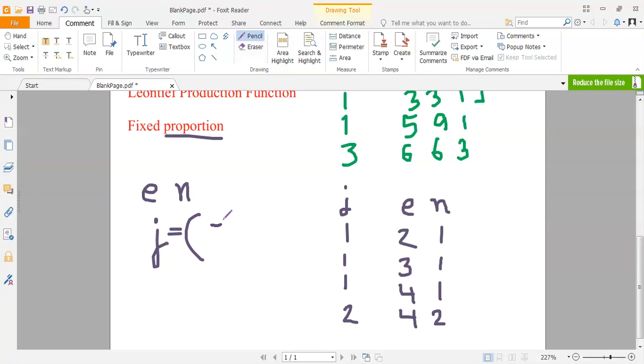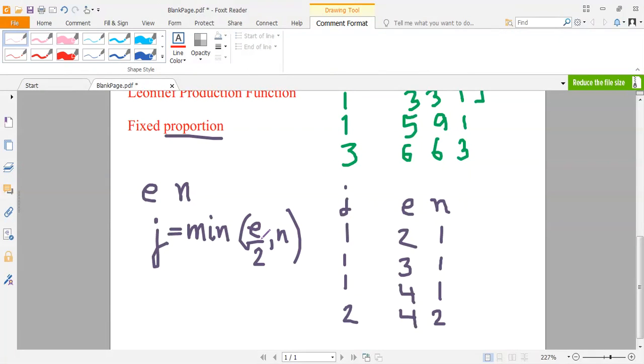If I'm taking 2 comma 1, why can't I write minimum E comma n? Because if I take minimum E comma n, my output will be 1. This is fine. But if I take minimum 4 comma 2, I actually need two pairs of earrings, right? So that won't work if I have E comma n. I need to have E by 2 comma n.